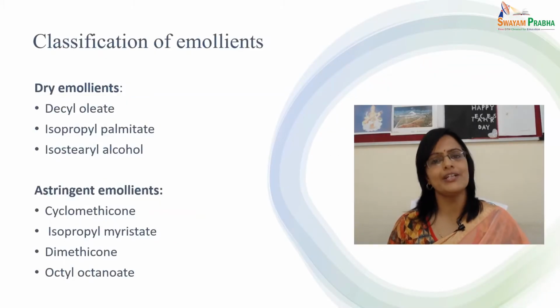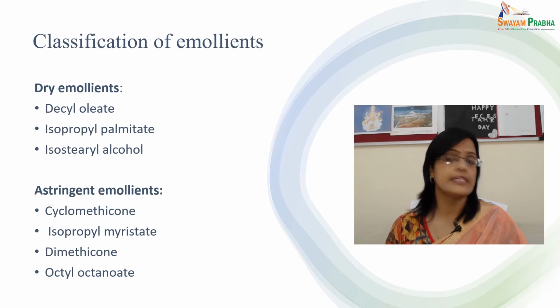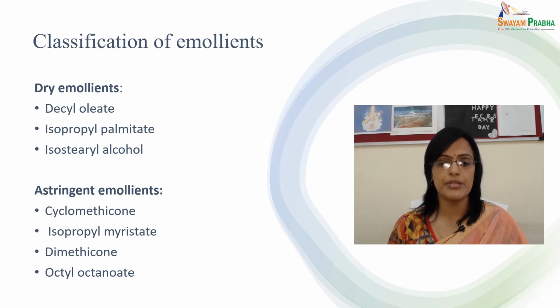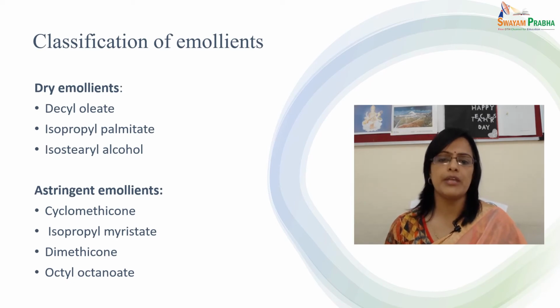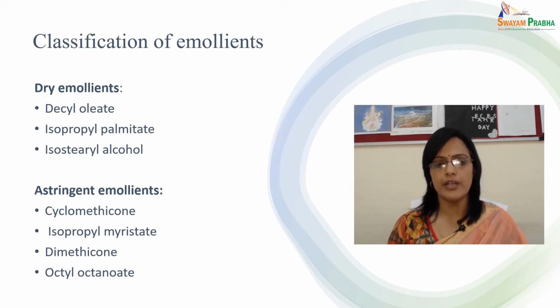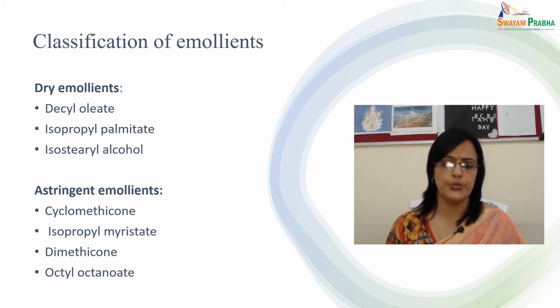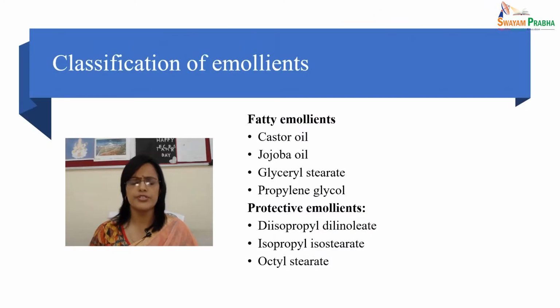Now, moving to the classification of emollients. Dry emollients and astringent emollients. For dry emollients, you can see isopropyl palmitate and isostearyl alcohol. Astringent: cyclomethicone, dimethicone, isopropyl myristate and octyl octanoate. Two different classes: fatty emollients and protective emollients.